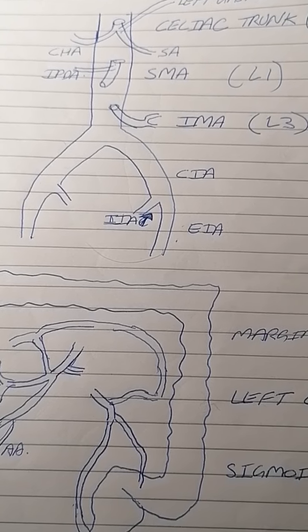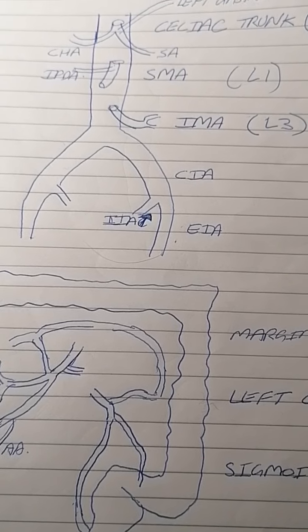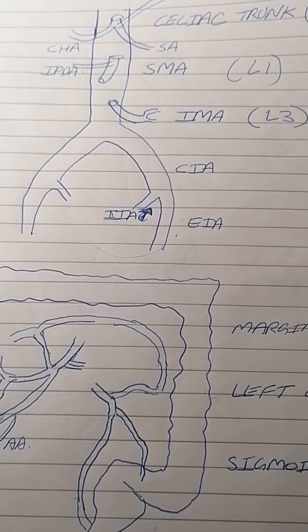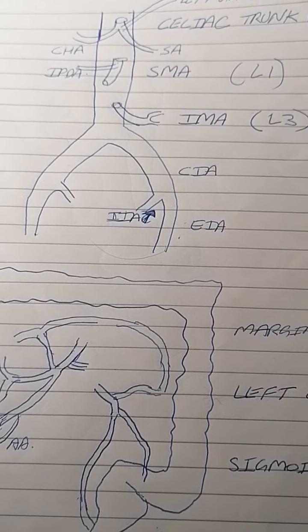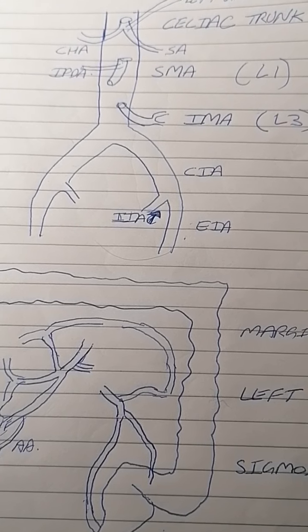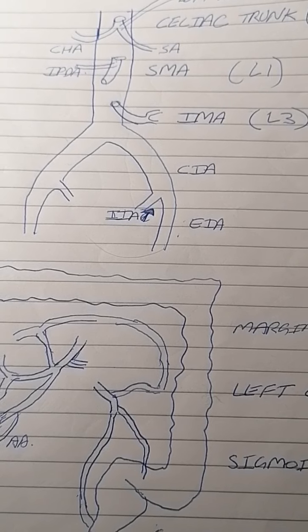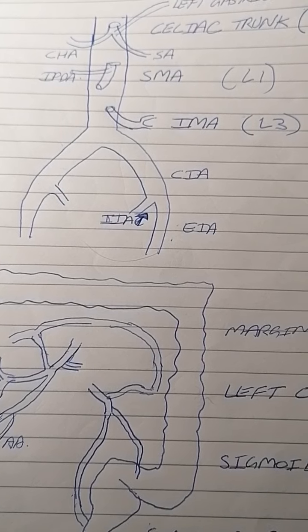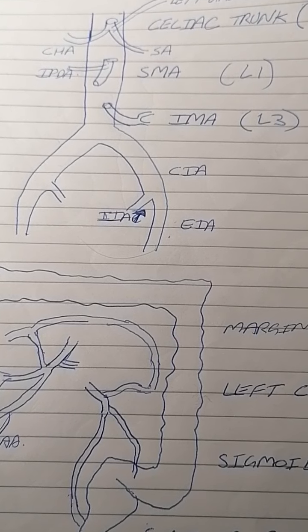And as we know, necrosis in the small intestine or the large intestine areas, especially the small intestine, would lead to bloody diarrhea, because sloughing of mucosa would be taking place. So bloody diarrhea would also be a clinical manifestation of AMI, acute mesenteric ischemia.